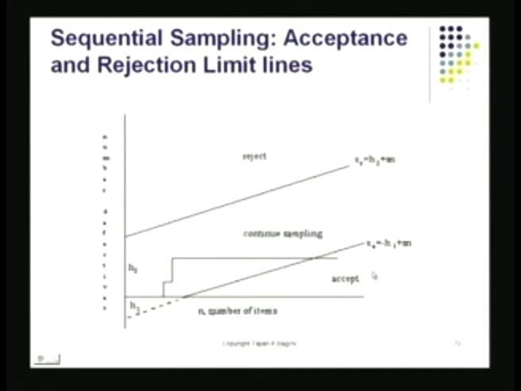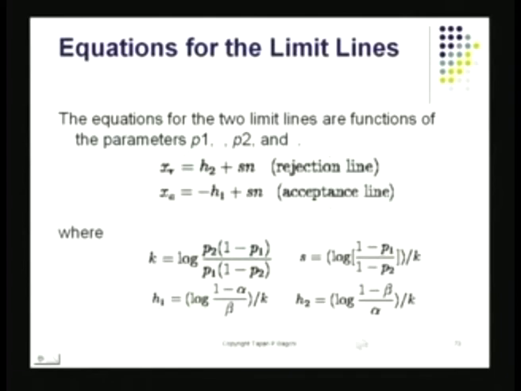In this area, you will accept the lot if you end up coming to a point like this. And if you end up going here, you will reject the lot. Those are determined by this. And of course, the parameters to go into those equations are given here by K1, H1, S1 and H2.